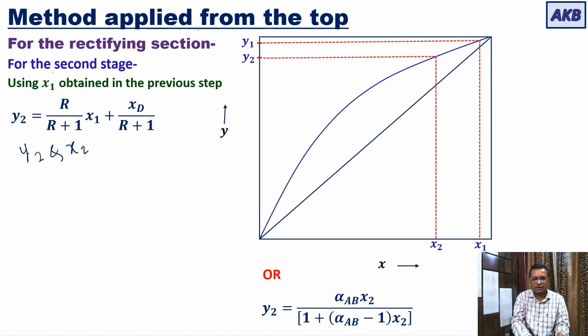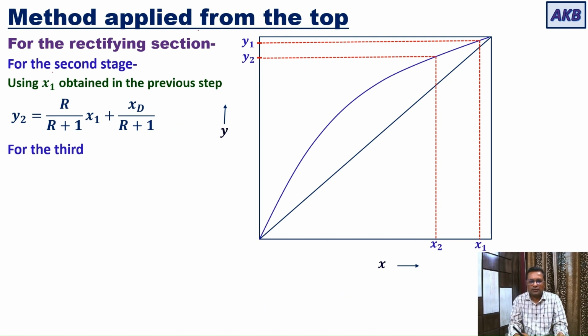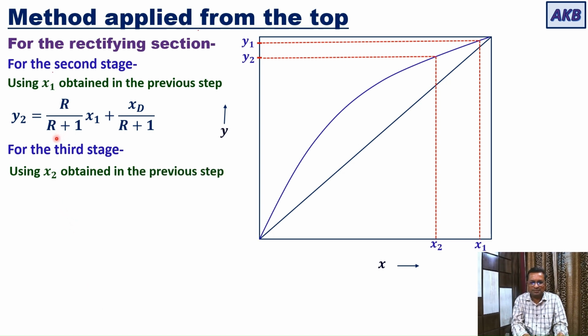Let me just write over here. You get the value of y2, and then using y2, you get the value of x2. Then for the third stage, we are going to use the value of x2 that we got in the previous step.